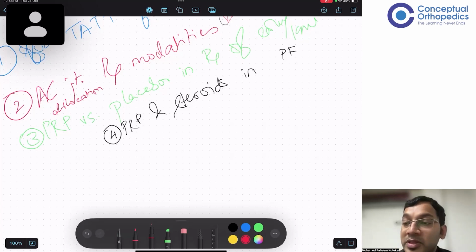So the 3 different types of research questions are going to be: descriptive; relational, where you're telling that these 2 causes are related to each other, like smoking and non-union would be a relational study; and the third one is comparative, where you are comparing 2 different groups or 2 different variables for a disease.